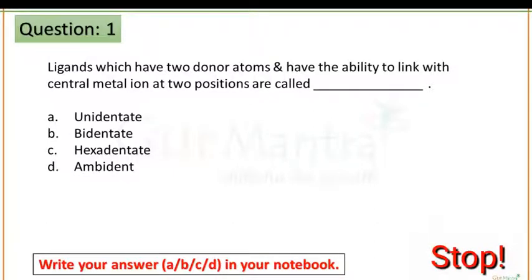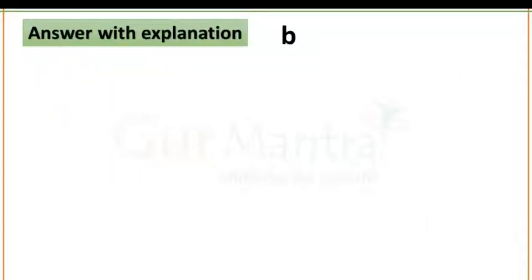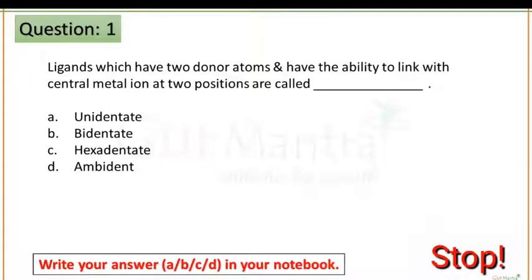The correct answer for this question is option number B, that is bidentate.